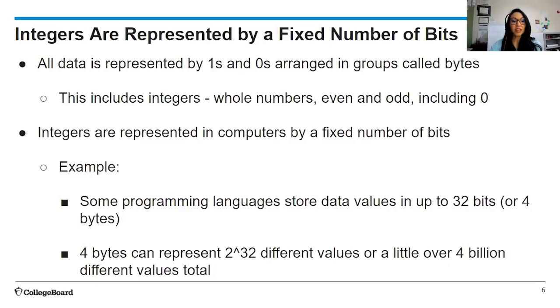Now, I know a little over 4 billion may seem like a lot, but think about this. Are there more than 4 billion numbers in the universe? Obviously, yes. But a 32-bit computer can only count as high as 4 billion. You could count to infinity if you had the motivation and the time, but a computer would have to stop at a certain point because it is limited and doesn't have a way to represent those numbers past its fixed number of bits.